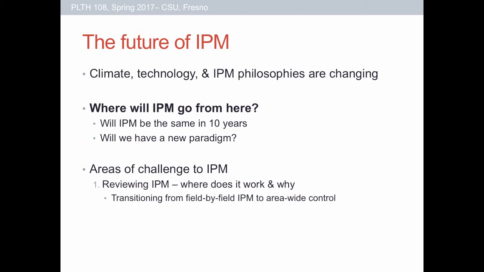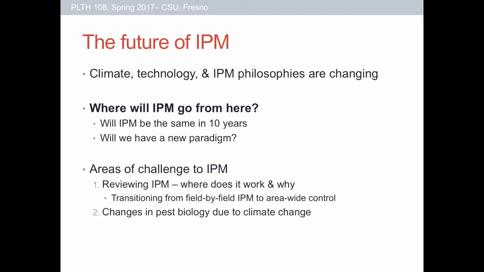One of the big ones is people are going to start really looking at IPM and saying, does IPM actually work? Is IPM going to be a useful paradigm moving forward? The main reason I bring this up is it's already kind of in the works with Jim Farrar up at UC IPM. He's already commissioning reports where they're looking at IPM, trying to figure out if it works.